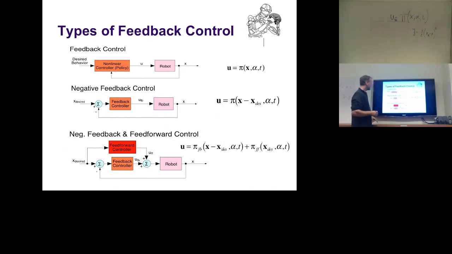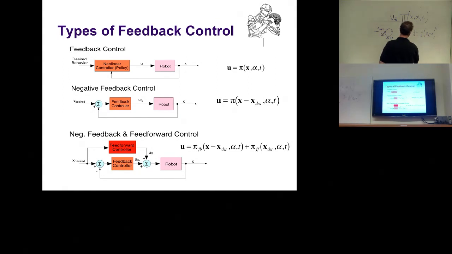Now, negative feedback control is actually interesting. You see here at the beginning, there is a circle. In comes the desired state, X desired, and it gets also feedback from the current state, X. The desired state comes in with a positive sign. The current state comes in with a negative sign. It means you basically add them up, which means essentially you do X desired minus X. And that is a feedback error, a negative feedback signal.